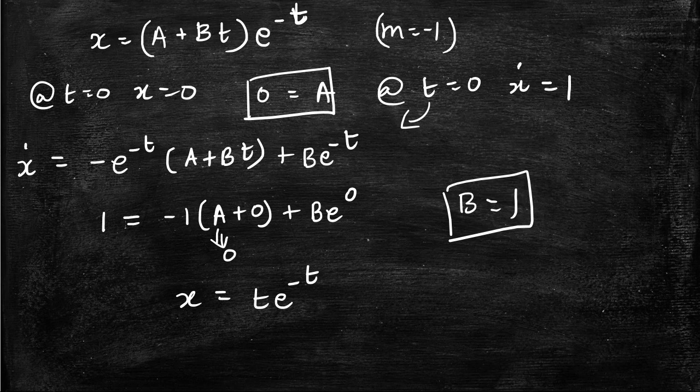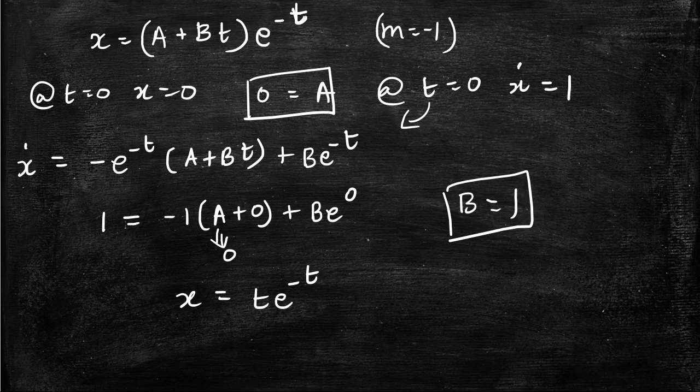So at that point you will find at what value of t your function is maximum or minimum. That is, if your second derivative is less than 0, then you say that at that point your solution is maximum. And when you find that the second derivative is greater than 0, then at that point you say that the solution is minimum.